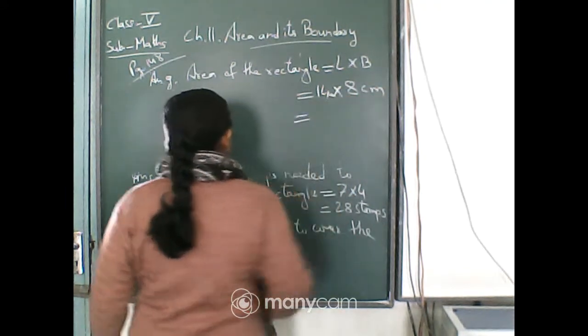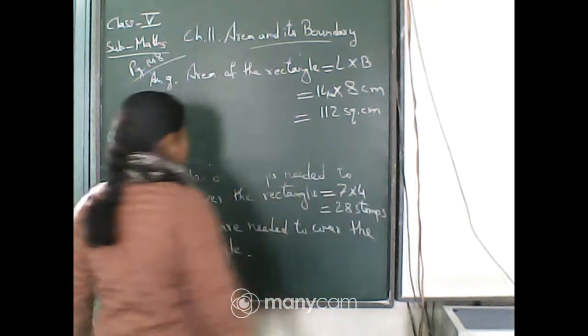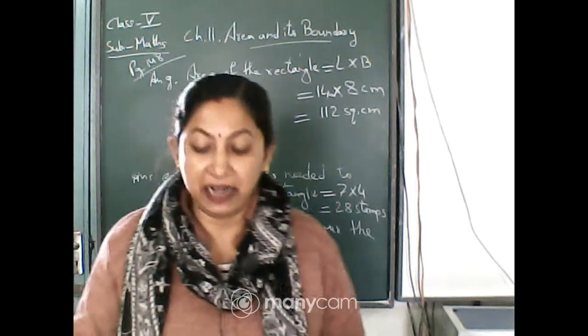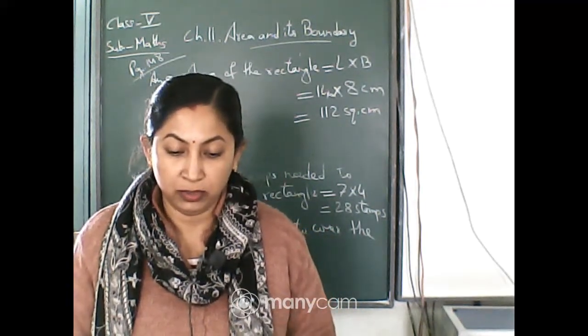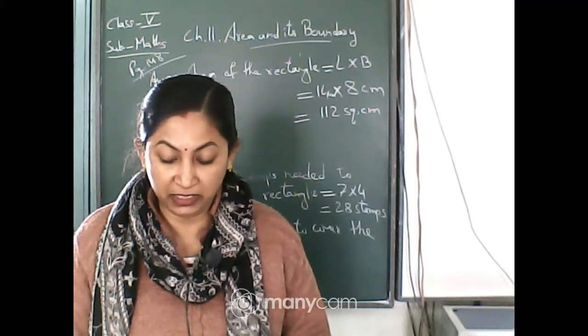So when you multiply, it is 112 square centimeter. See the first question, question number A, that is the length of the rectangle, and question number C, that is the width of the rectangle we have found. So 14 into 8, 112 square centimeter.